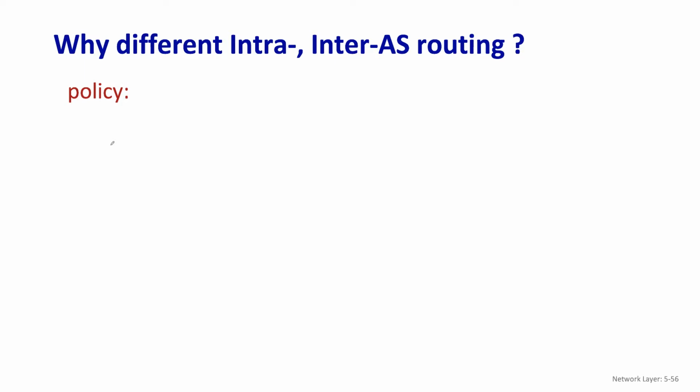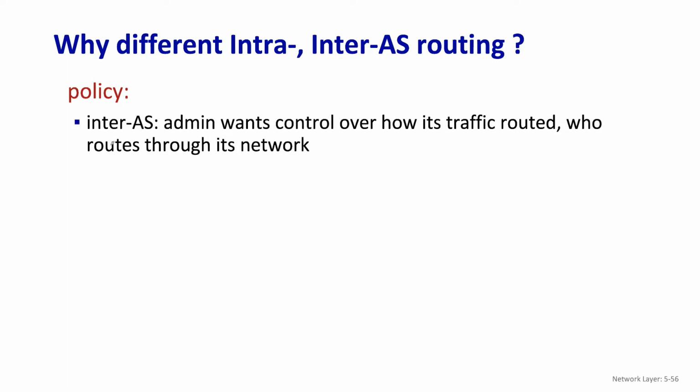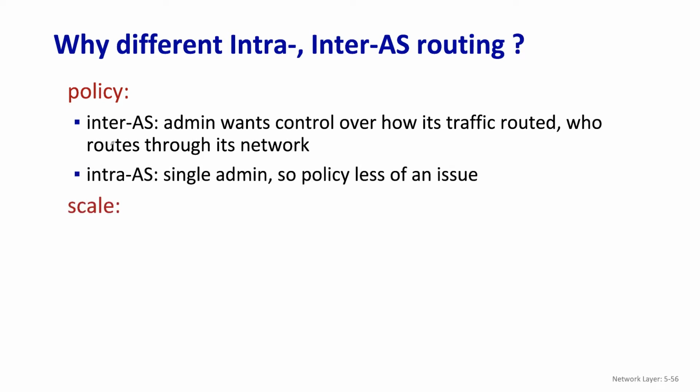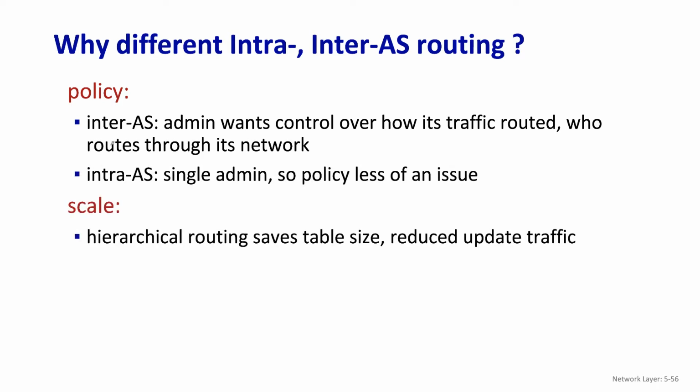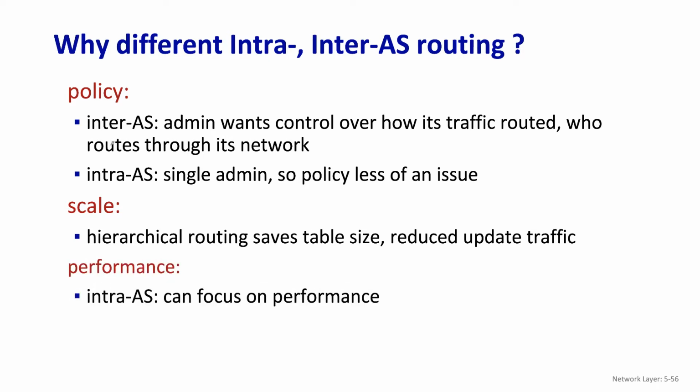So why different intra- and inter-autonomous system routing? Why do we have to care about this? Why does it work differently? Why do we have multiple routing protocols? Most of the time, we have some criteria or features that we are looking for. When it comes to policy, the inter-autonomous system admin wants control over how traffic is routed.